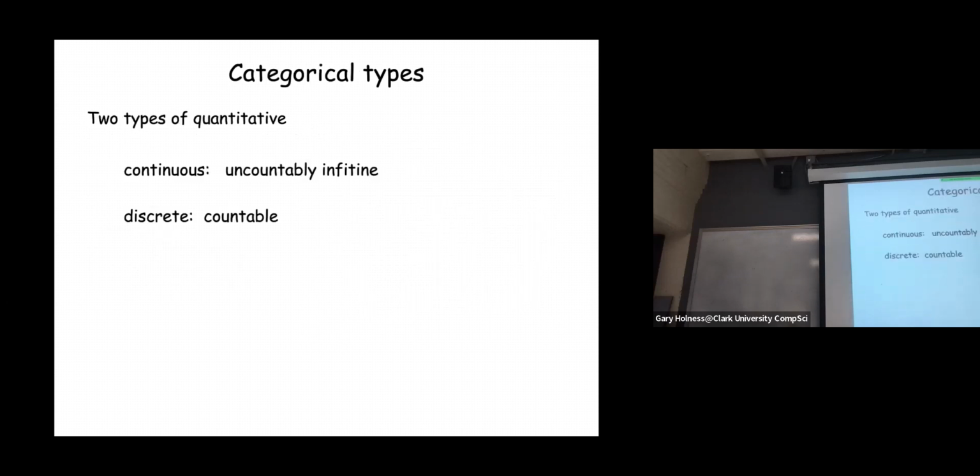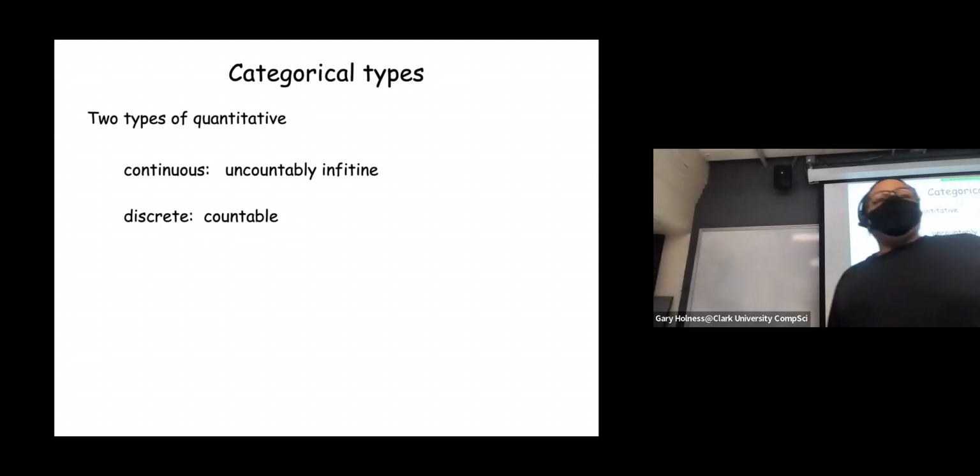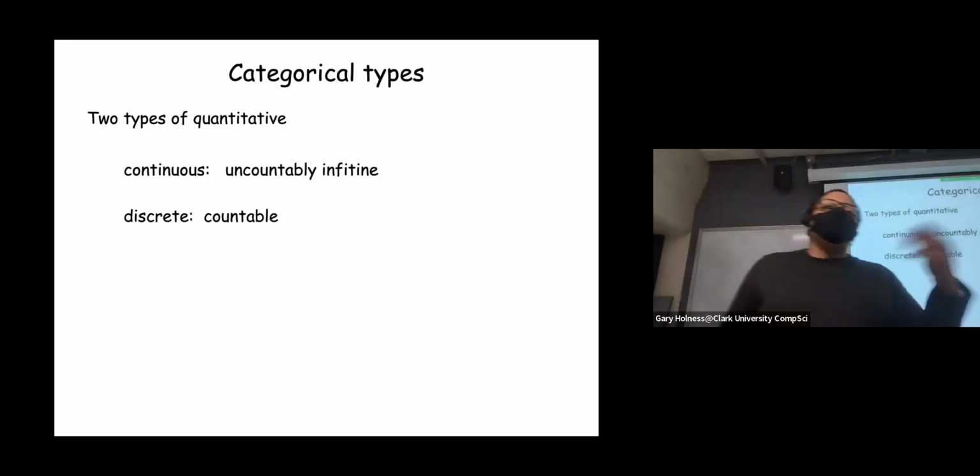Now, for these quantitative variables, there's a dichotomy in terms of the value. Some are so-called discrete. That means they're countable. You can draw a one-to-one correspondence with the naturals with these different values in order. And some are uncountably infinite, meaning they're continuous, like a temperature, right? If I give you two temperatures, 1 degree and 2 degrees, what's between it? Well, 1.5.